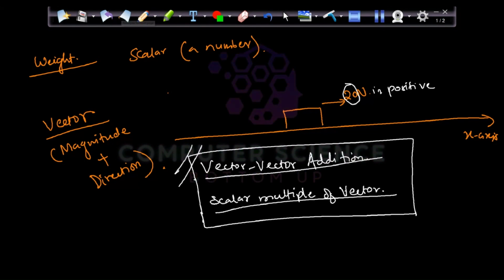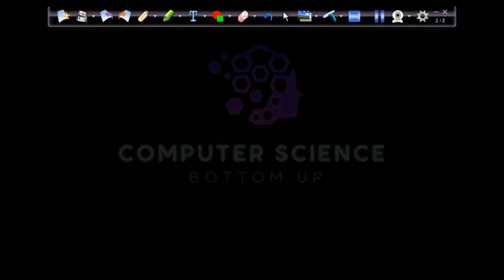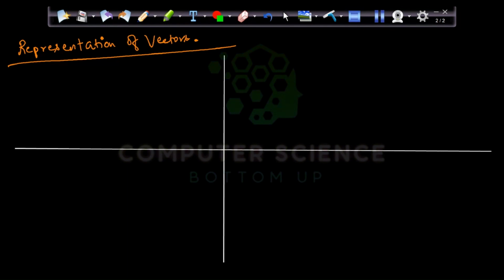So let's look into vector addition. As we know, a vector has direction to it. First of all, look into the representation of vectors. How do we represent vectors? Let's suppose we are talking in terms of 2D space, and this is the origin, and let's say there is a vector like this. Can we say that this is a vector?